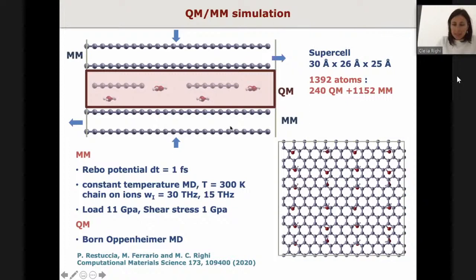In this way, we could consider a large enough system to capture collective mechanisms, but still feasible from the computational point of view.